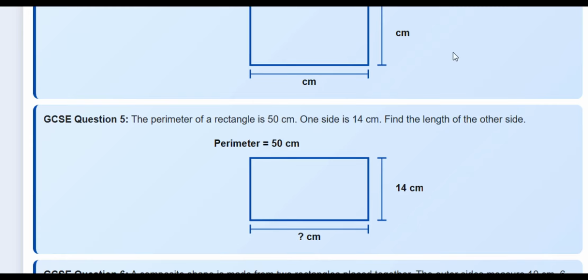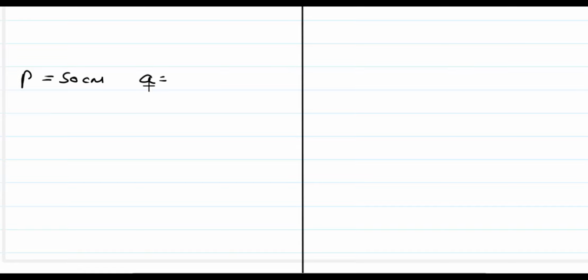So we are already given the perimeter here, P, which is 50 centimeters. Then we are given one side, we can call it A, which is 40 centimeters. Then we are told to find the other side, I can just call it B. And we said perimeter P is given by 2A plus 2B.